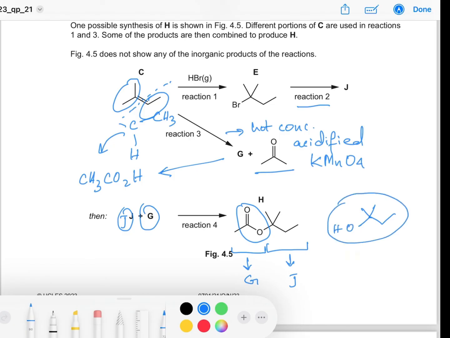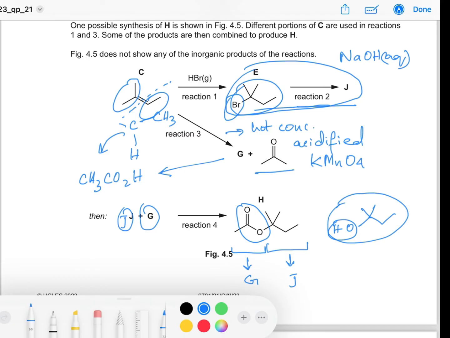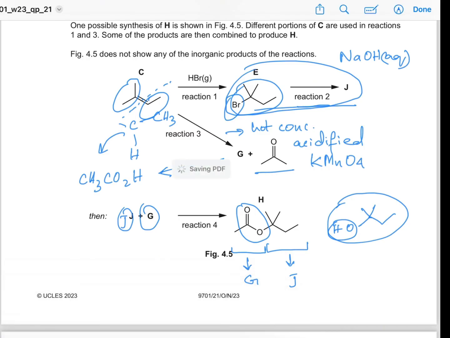This must be J. And according to reaction 2, J is made using E. And when you go from a bromoalkane to an alcohol, you would need to use aqueous sodium hydroxide as the reagent, and this is called a nucleophilic substitution reaction, as hydroxide ions will substitute bromide ions. Right. So now we have all the reactants and the reagents.